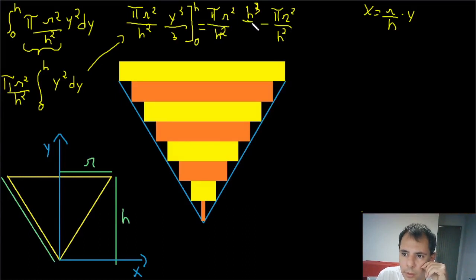I can't forget about that divided by 3. Then minus pi r squared divided by h squared times 0 cubed divided by 3, where you plug the 0 in.